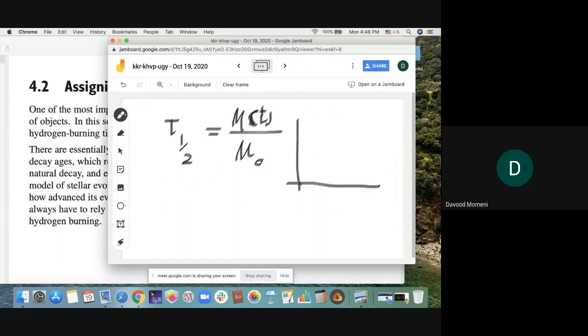For example, that is the graph for some beta decay or any other decay process. This started by some initial value. Sorry, it is better to plot it down.